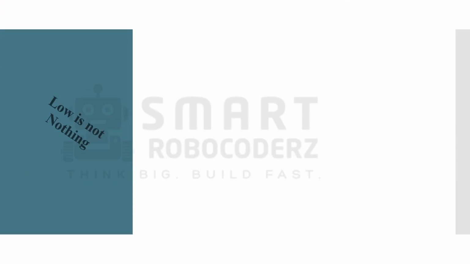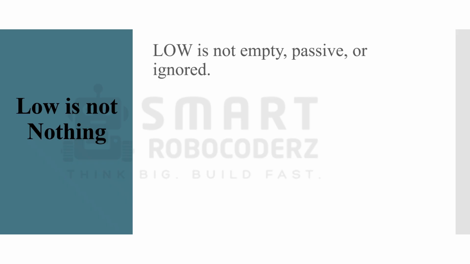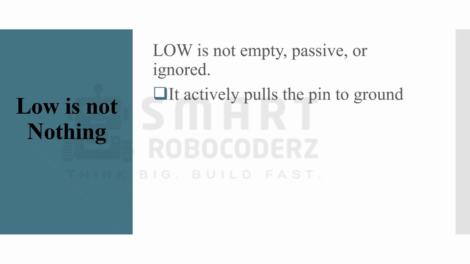Low is not nothing, which is a very common misunderstanding among beginners. It is the idea that low means nothing is happening. This is not true. In digital electronics, low is an active and intentional state, just like high. Low is not an empty, passive or ignored state. When a pin is set to low, the microcontroller actively connects that pin to the ground, holding it firmly at 0 volts.